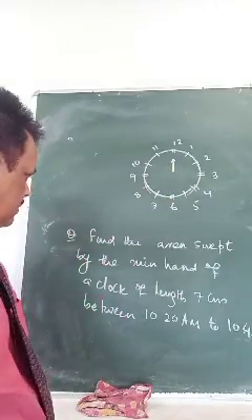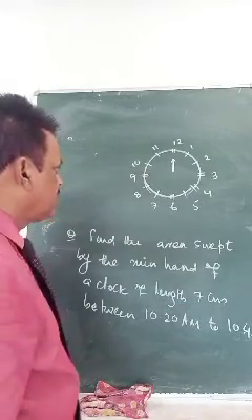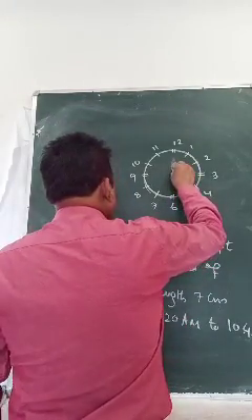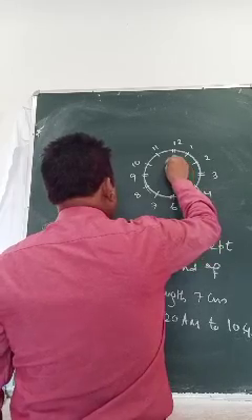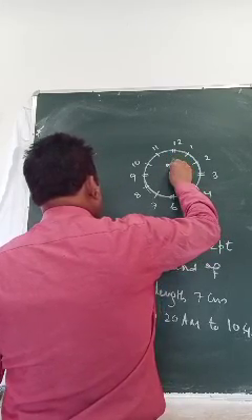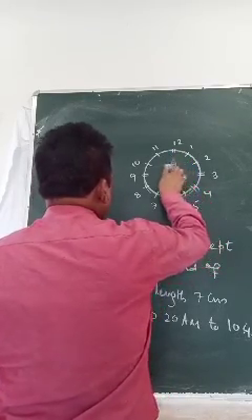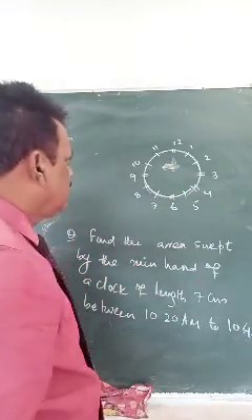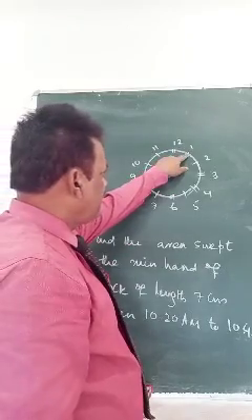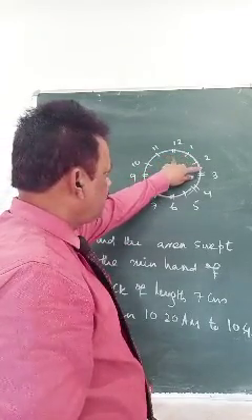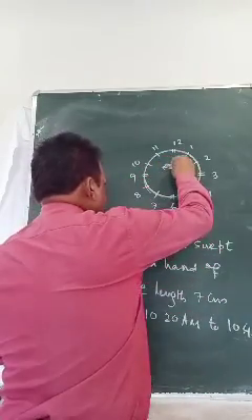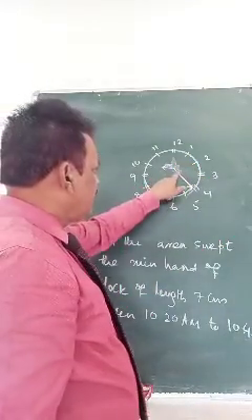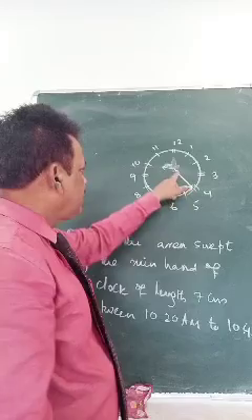So this is the 10:20. The hour hand is in the 10 direction. 20 minutes, 5, 10, 15, 20 means your minute hand is here now. This is your 10:20. Which one will make the movement? The minute hand will make.